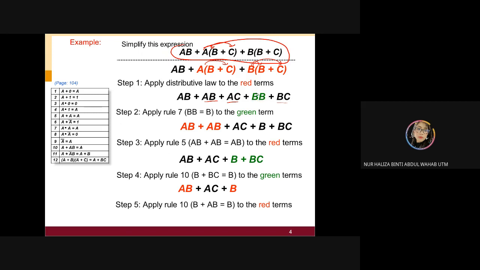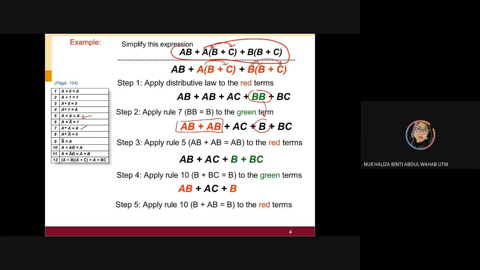So for this, you can do the simplification using rule number 7, which is B dot B, you will get B. After that, you're going to get it like this. From this, you can see you have several ways to apply. You can also simplify AB plus AB, and you're going to get AB.